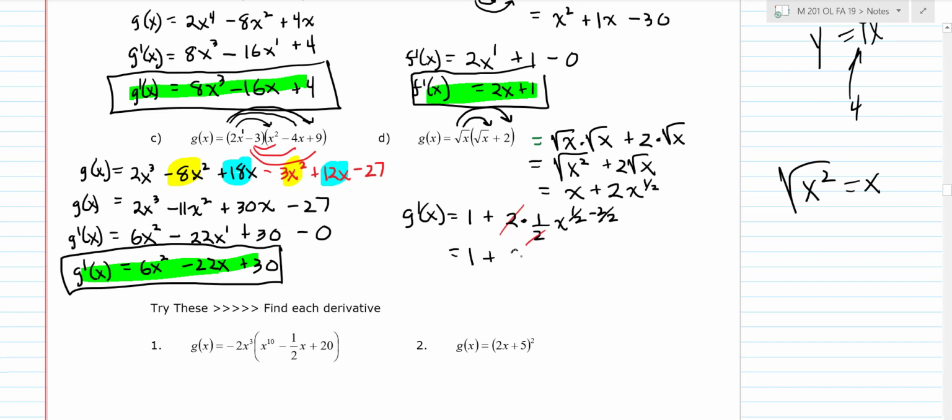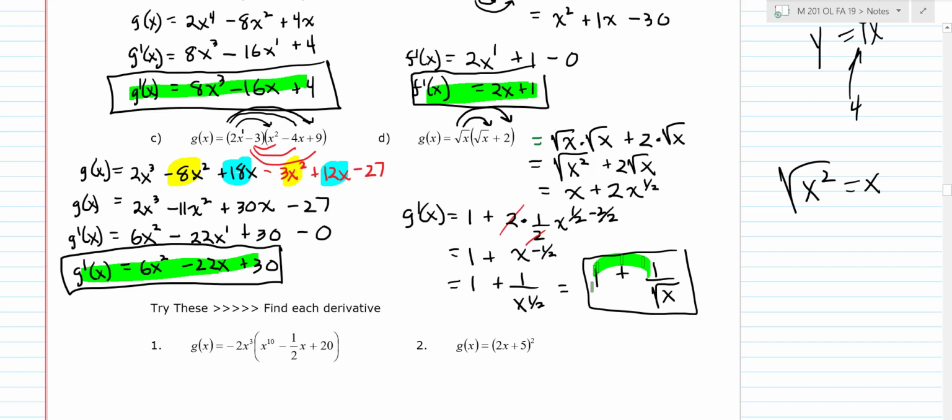And then that would be x to the negative 1/2. That's a derivative. That's an okay answer, actually. That would be 1 plus 1 over x to the 1/2. But remember I said if your problem has radicals, ultimately I'd like your answer to have radicals. So the answer would be 1 plus 1 over the square root of x. That would be as far as you would need to take that. And you need to go that far. Okay?